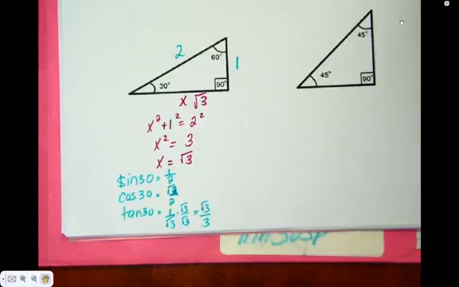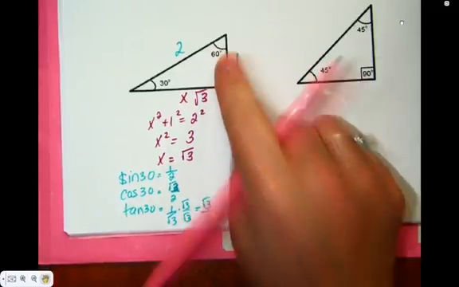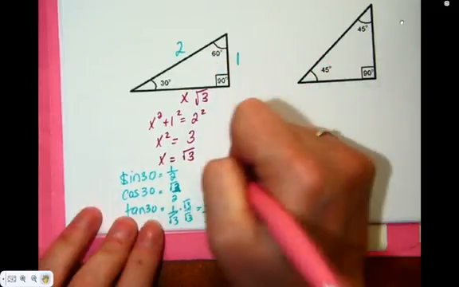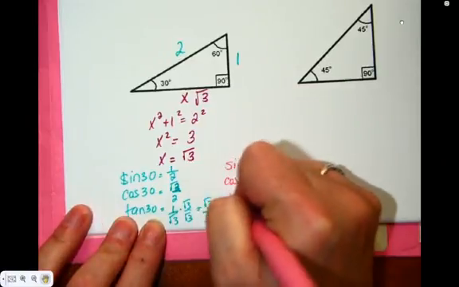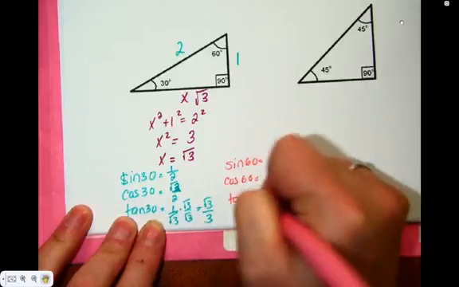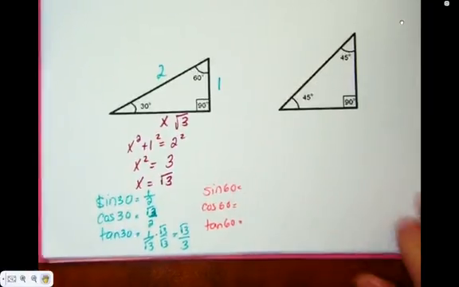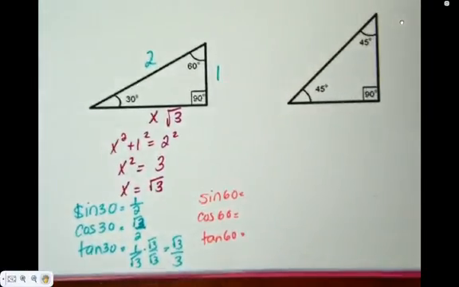Now we're going to use the same diagram, we're just going to do it for the 60. So now we're going to switch what is O and A. So we need to know sine of 60, cos of 60, and tan of 60. Sine is what over what? Opposite over hypotenuse.